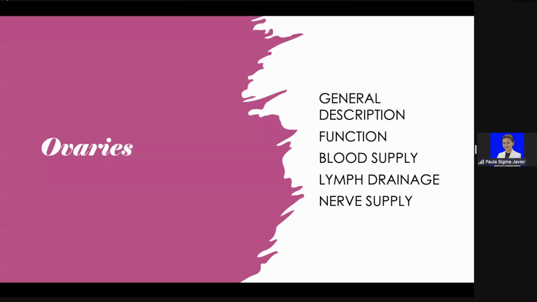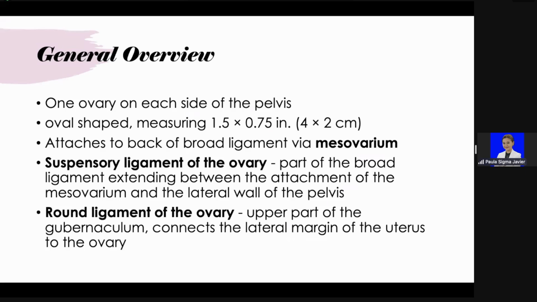Okay, so for the ovaries, this is the outline of our discussion. So the ovaries, we have one on each side of the pelvis. It is oval shaped, measuring around 1.5 by 0.75 inches or 4 by 2 centimeters. It attaches to the back of the broad ligament via the mesovarium. So the mesovarium is part of the broad ligament.